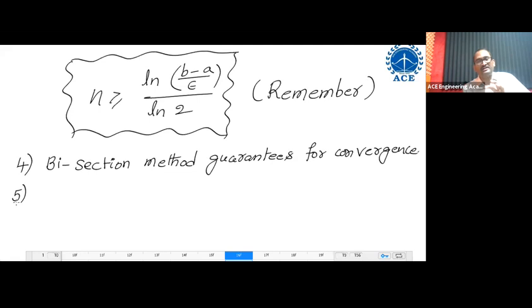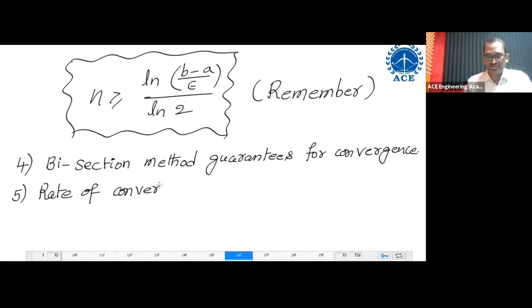But it is a slow method. It consumes a lot of time to get the accurate answer. It is a genuine method, we get accurate answers, but a very, very slow method. That is the drawback. The order of convergence of the bisection method is low, a slow rate of convergence. Rate of convergence means how fast it is coming close to the correct answer.